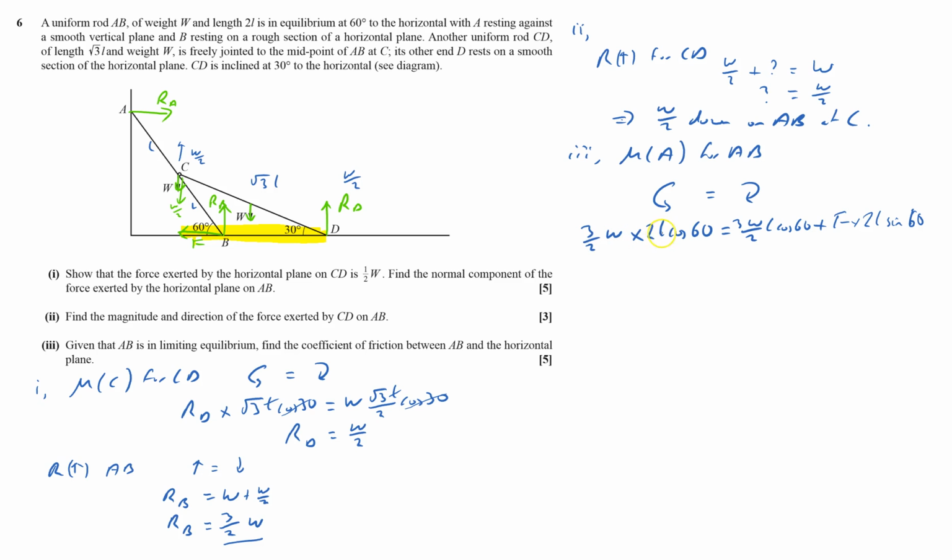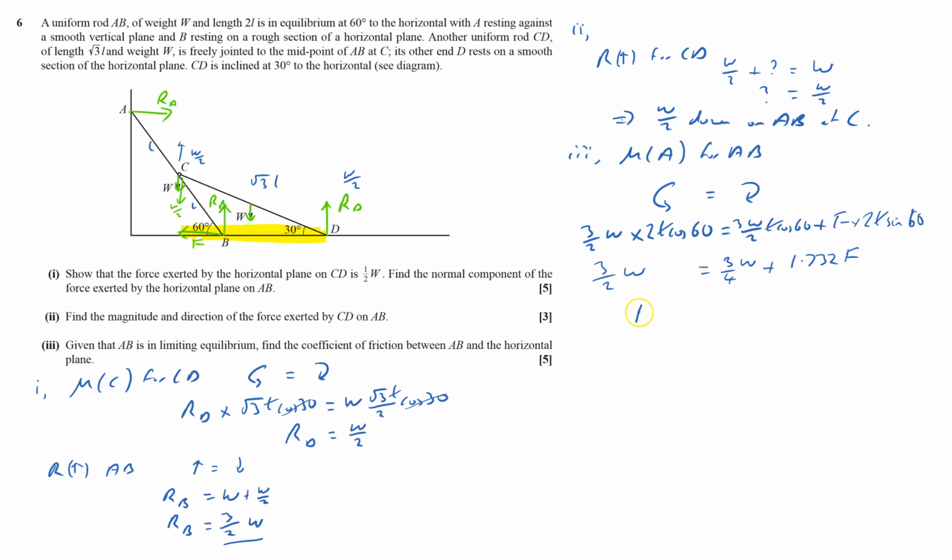And the L's all cancel out. And cos 60 is a half, so half times 2, so that goes 3 over 2 W equals, cos 60 again is a half, so that'll be 3/4 W plus, and I'm going to do it as a decimal now, 1.732 F. And so then I can work out what that is.